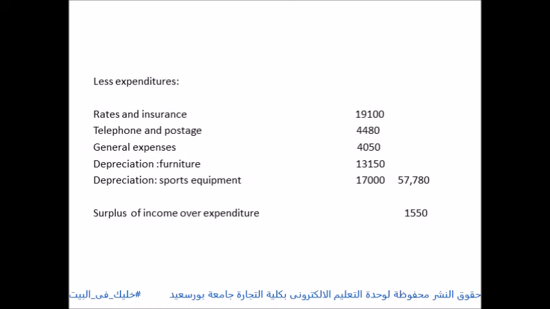So the total of expenditure will be 57,780. So the income, which was 59,330, minus the total of expenditures, 57,780, will be 1,550, which is a surplus of income over expenditure and not an excess of expenditure over income.